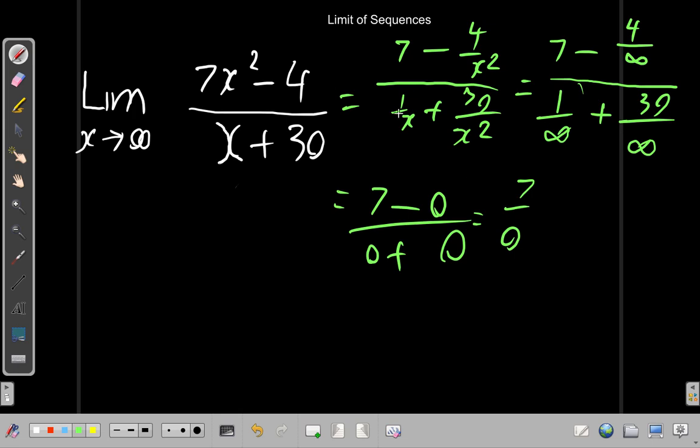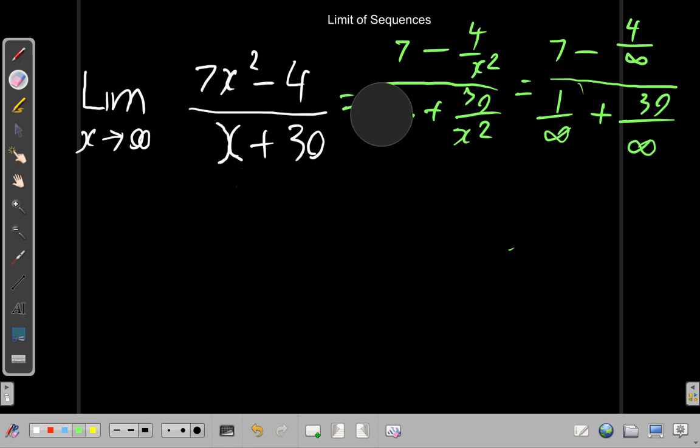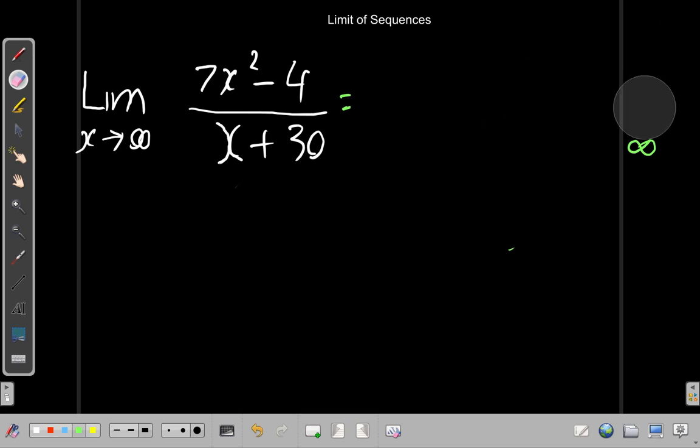Now, if you had divided by x so that you have 1 plus something, if you divide both top and bottom by x, what will happen? What you would have is 7x squared over x. x squared over x is just x itself.